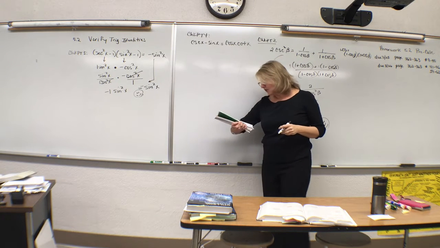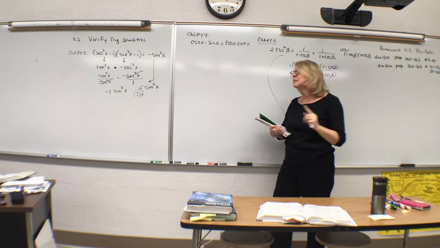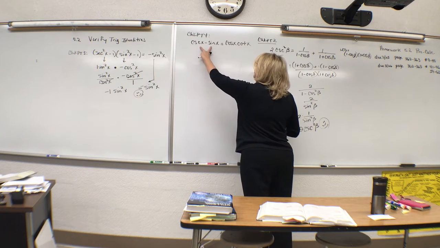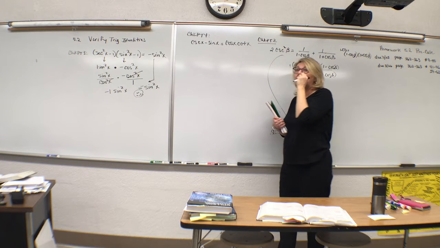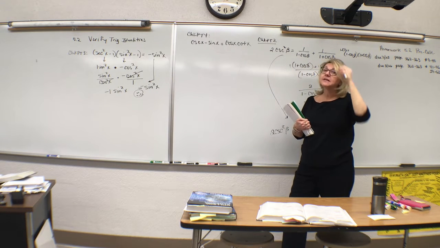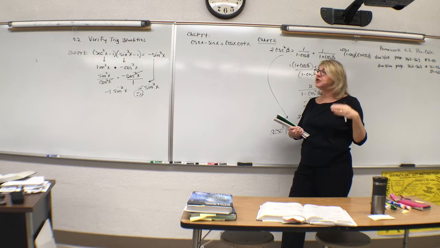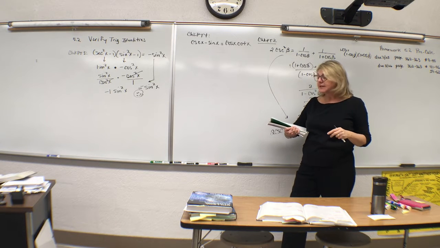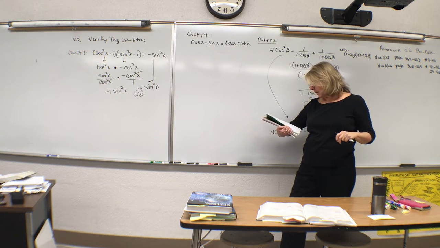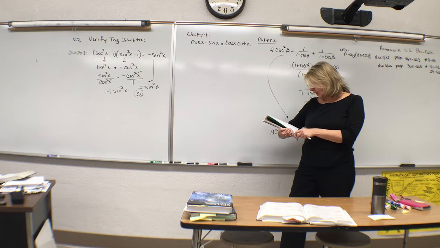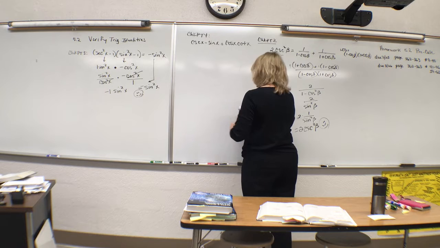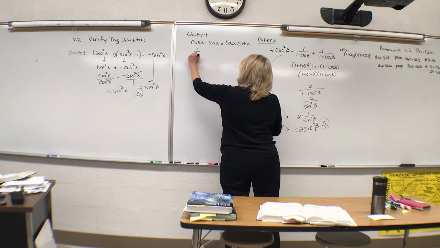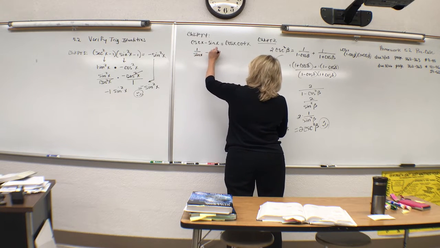I'm going to go ahead and start on the left, and the reason being, this is a binomial. These have differing trig values, but at least they are considered a singular expression with 2 factors. On the left, I have a little bit more going on. So in this case, I'm going to begin by rewriting cosecant as 1 over sine x minus sine x over 1.